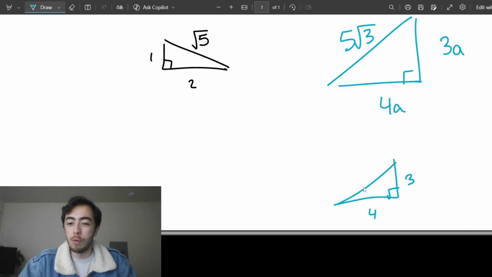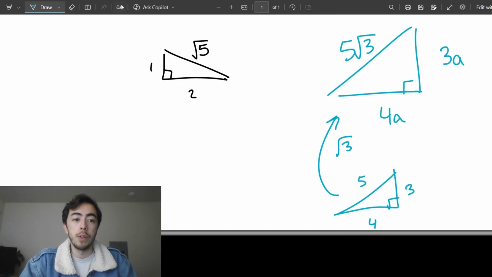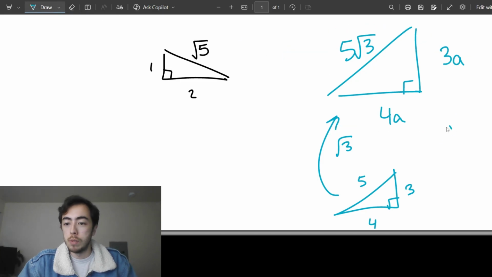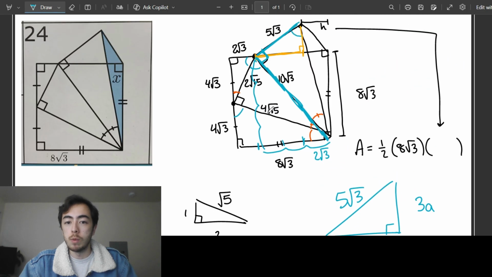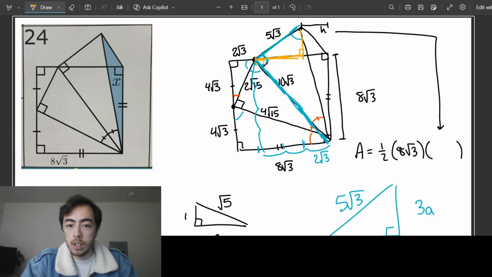I can think of my 3, 4, 5 triangle, and I can notice that I should just multiply by root 3 on all 3 sides to get back to this triangle that I'm studying currently in the diagram. This shows me that this a value is just root 3. Or in other words, this golden length that I'll highlight right down here, this one is 4 root 3.